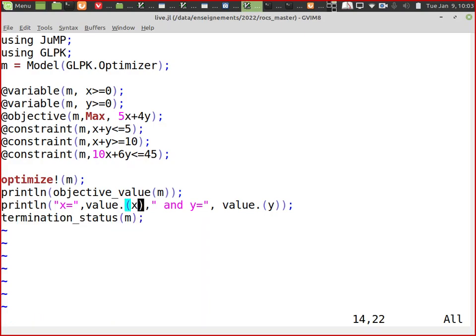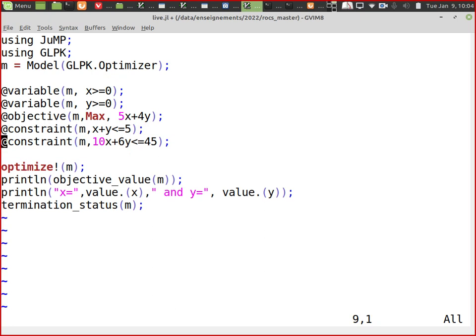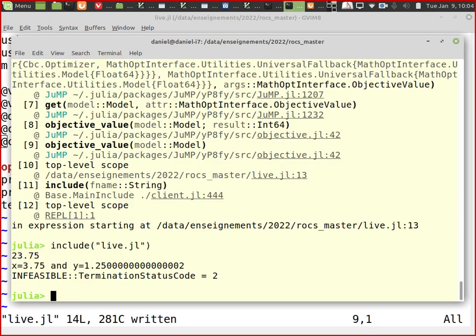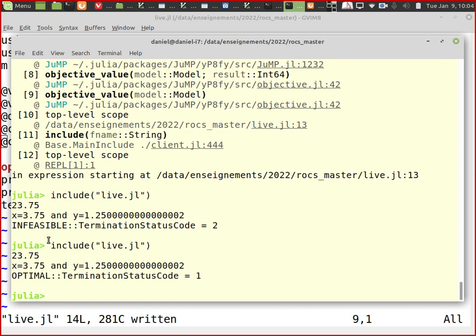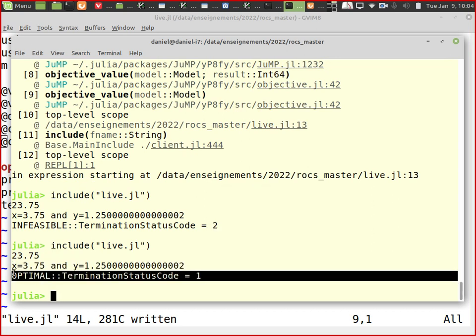Why? Because I asked here for something crazy. But if I remove the second constraint, which made the model infeasible, and I execute again, it's the same as before, only now the solution is optimal. But if you pay no attention and you don't ask it to say if the solution is good or not, it will actually give you a solution, whatever you ask.